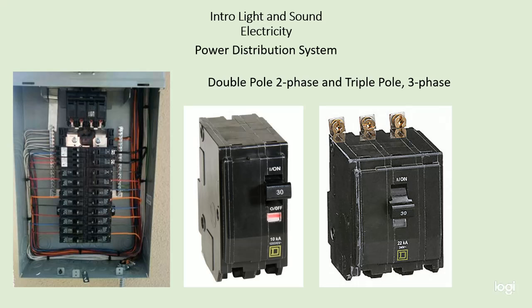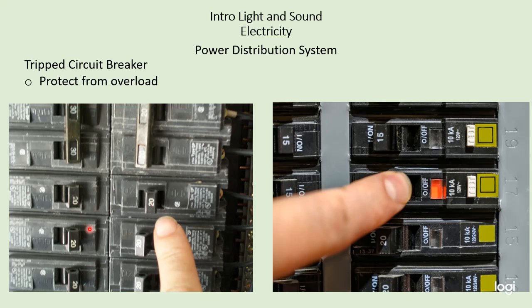Let's look a little bit at breakers. A tripped circuit breaker is a breaker that has been overloaded. There are typically two ways that indicate a tripped circuit breaker from an overload. One is that you'll see that the switch is sort of halfway between its on and its off position.